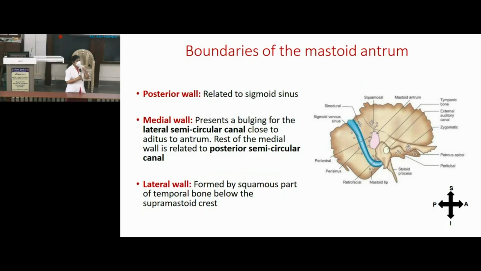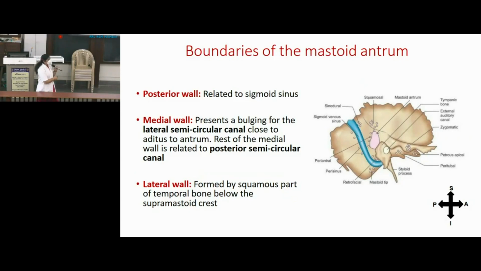That's why all the walls of the middle ear cavity and mastoid antrum are very important. Infection is simple, but as there are thin plates of bone, if these break, there are chances of transmission of infection from the middle ear cavity to adjoining areas.